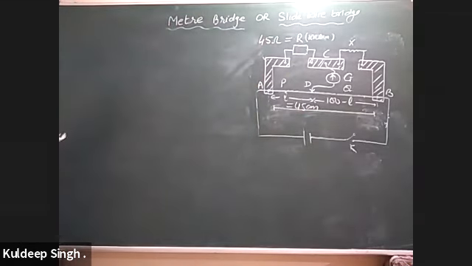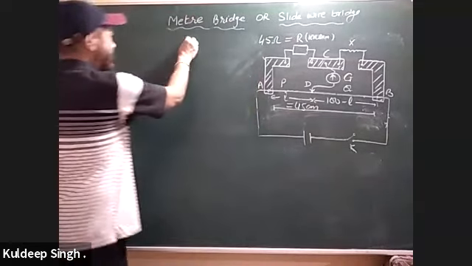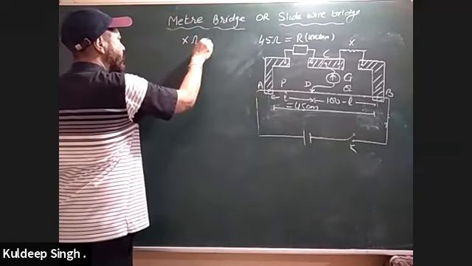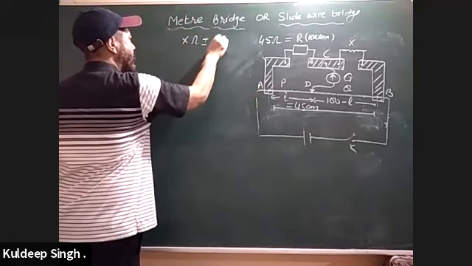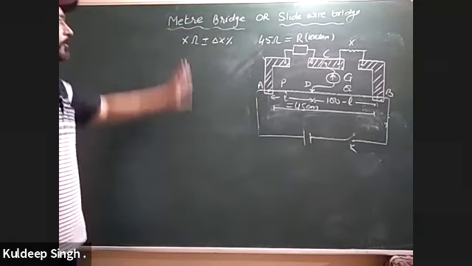The question is find the unknown resistance X with percentage error. Percentage error के साथ आपने find करना है. So formula is very simple. Percentage error के साथ, you want to tell the answer X ohm plus minus delta X percentage. You have to find out this one.